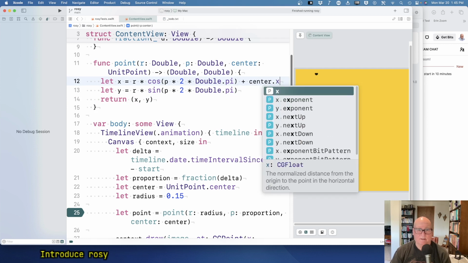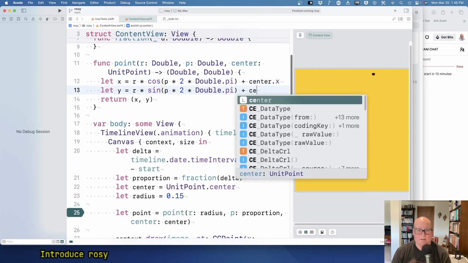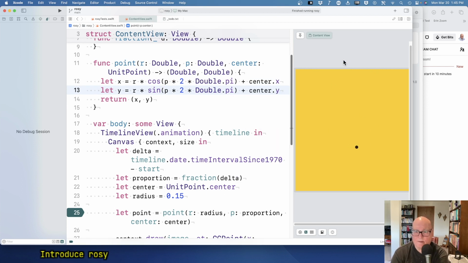Plus center.x, plus center.y. Okay, it's slower than I wanted. Maybe it works. All right.